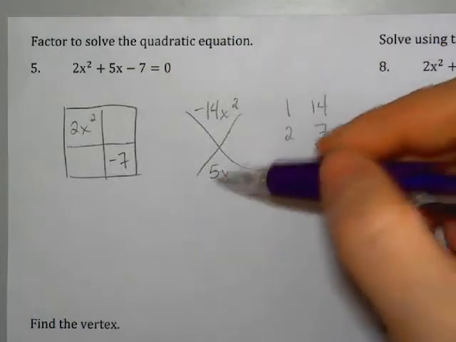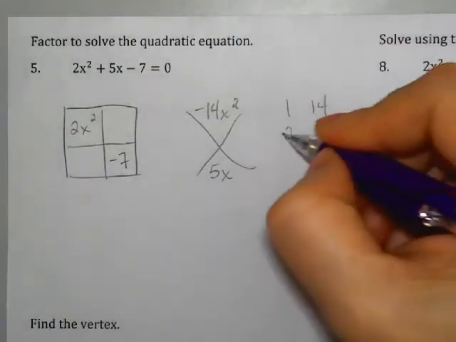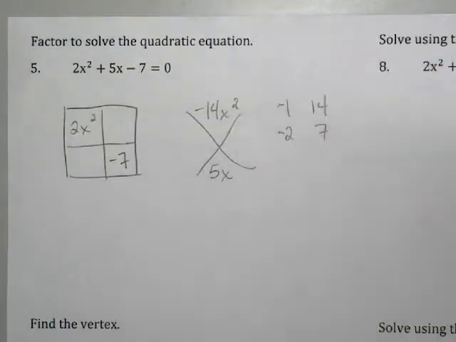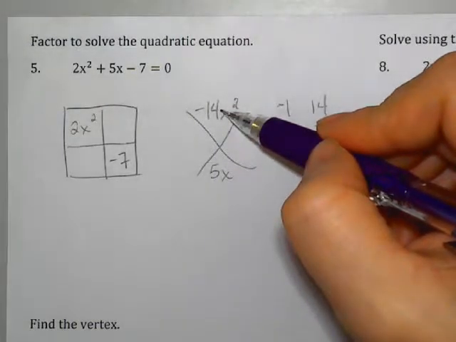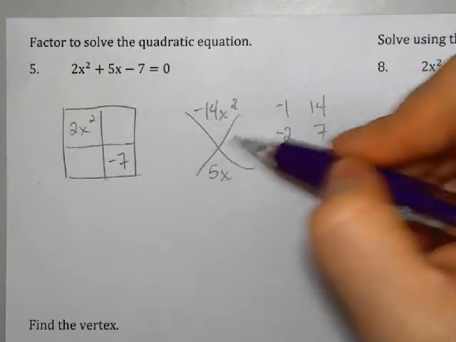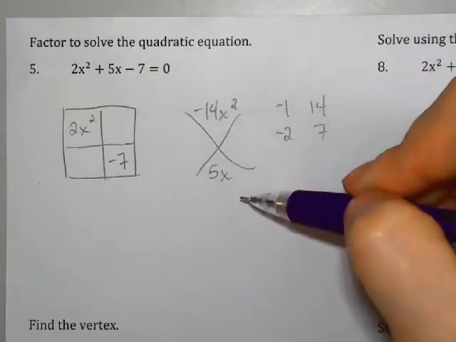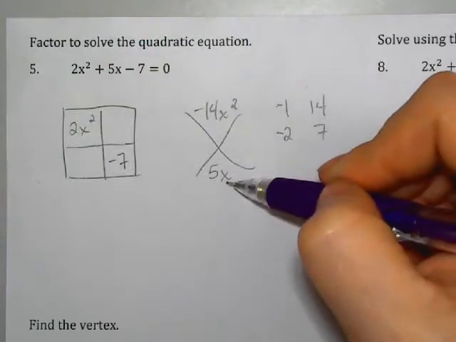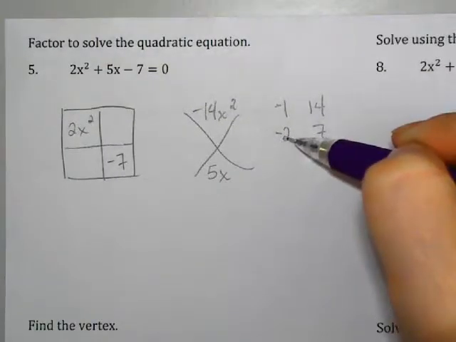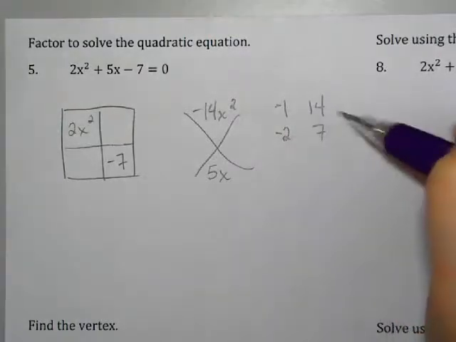One of them is going to be negative, and if the bottom is positive, then that means it needs to be the smaller number that's negative. So if our top number is negative, that means they multiply together to give us a negative number, right? So one of the two has to be negative. It does matter which one, because if the bottom number is positive, that means it's going to be the smaller that's negative.